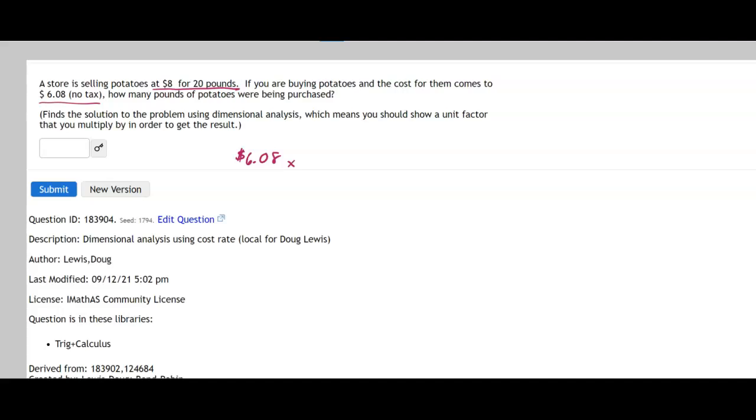There are two ways you could write that rate: $8 per 20 pounds, or 20 pounds for $8. Those constitute the same relationship, but you select which one to use for this problem. Here we use 20 pounds for $8, because we have dollars given and we want pounds in our final answer.